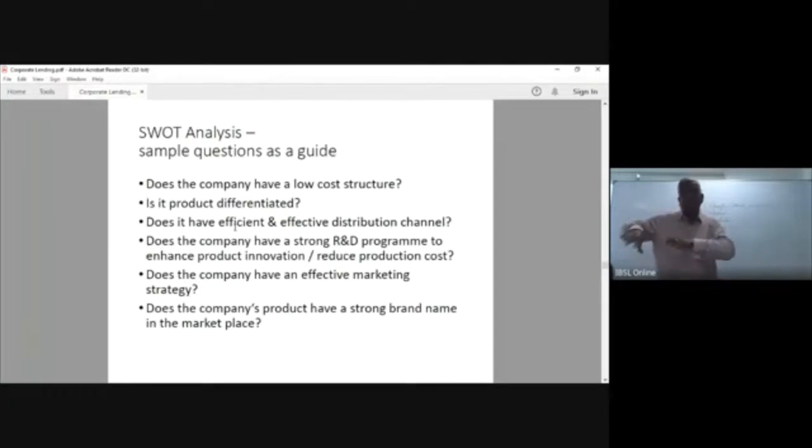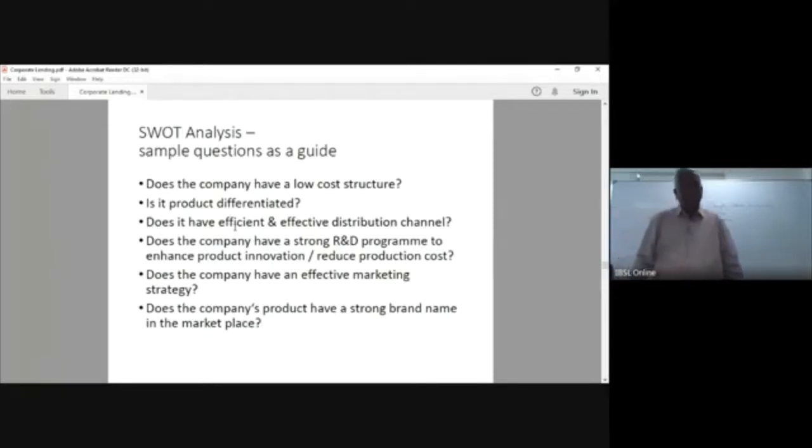How can you avoid those threats? So these are the things. The company must do SWOT analysis. By doing this SWOT analysis, you know your customer, where he is in his competitive position within the industry. So it depends on the company's effectiveness and efficiency.